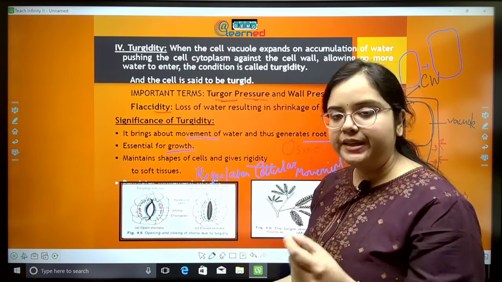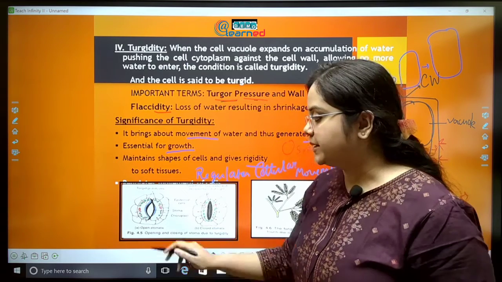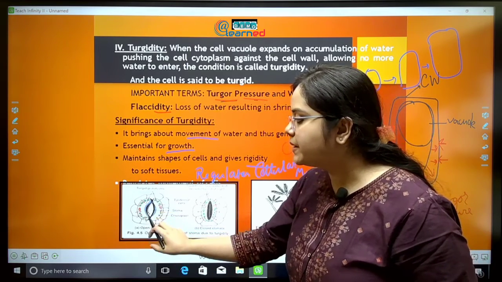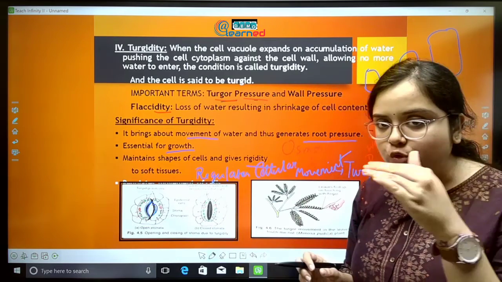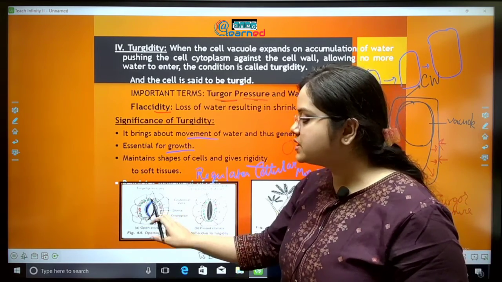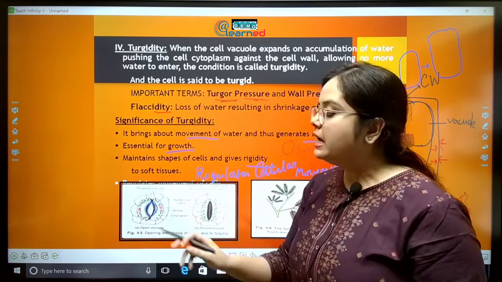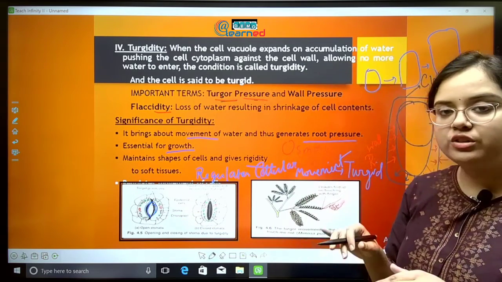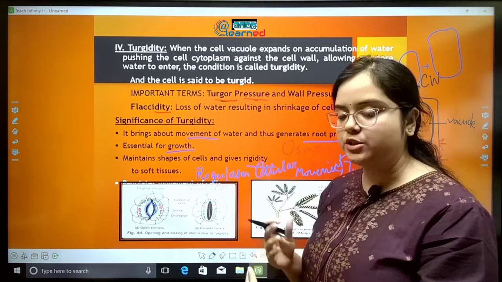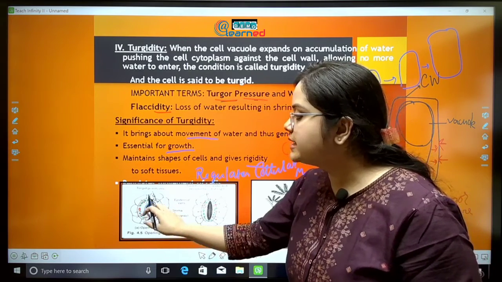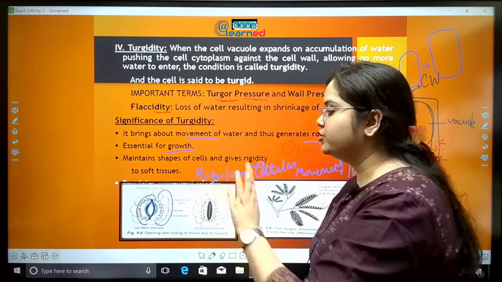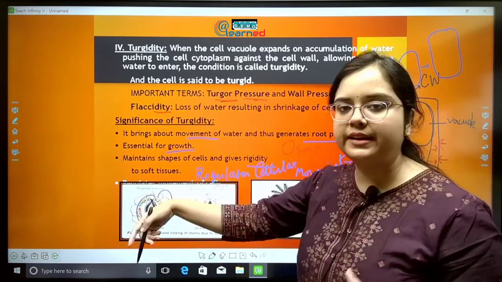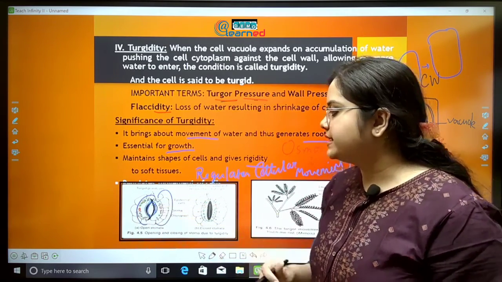It is an opening through which gaseous exchange takes place, and the stomatal pore is flanked by the guard cells. Now as water is entering into the guard cell through cell to cell osmosis, the guard cells are getting swelled up. They are becoming turgid. Epidermal cells are next to the guard cells, so they are getting turgid.